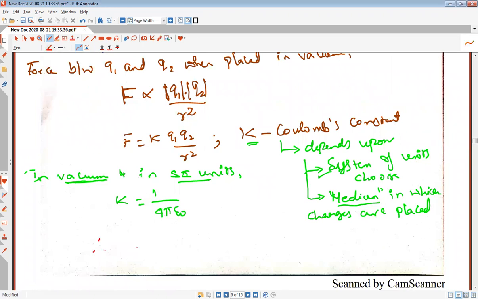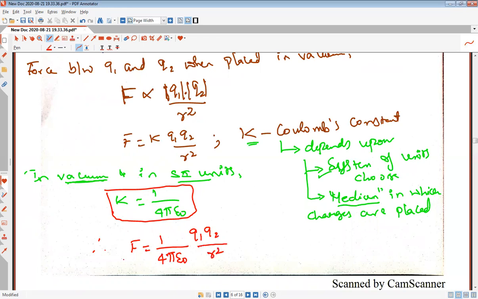Force between two point charges can now be written as F equals K, which can be replaced by 1 by 4 pi epsilon naught, Q1 into Q2 divided by R square as it is.